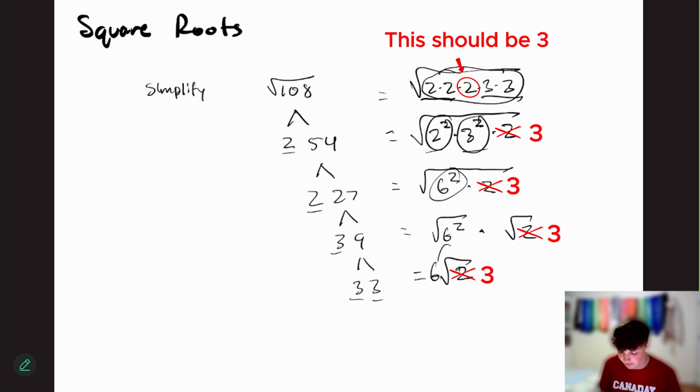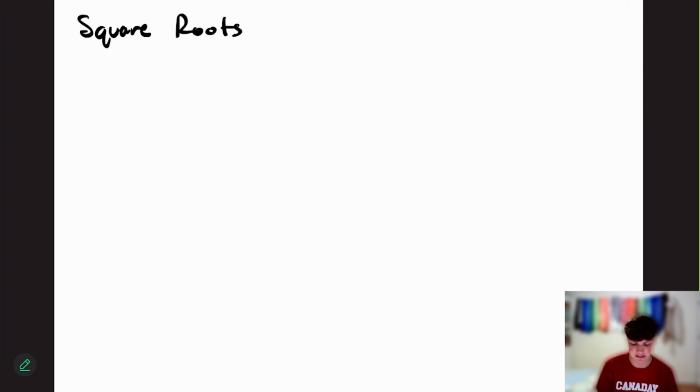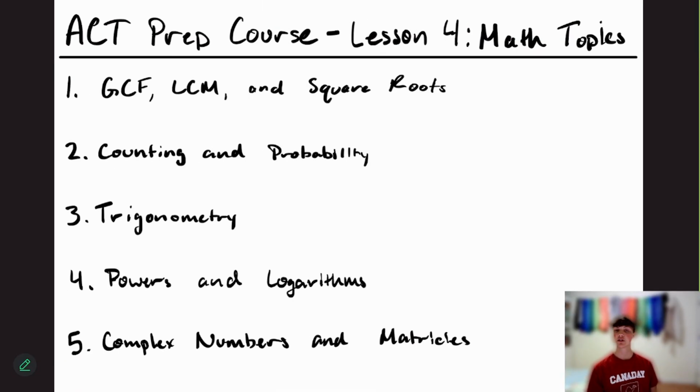So we can bring that right to the outside as a whole number. We're just left with the stuff that wasn't paired up. This same kind of technique is very common. It shows up in square roots, least common multiples, and greatest common factors. Prime factorization is a huge part of the ACT, so it's very important to know what it is and how to use it. Make sure you follow along there.